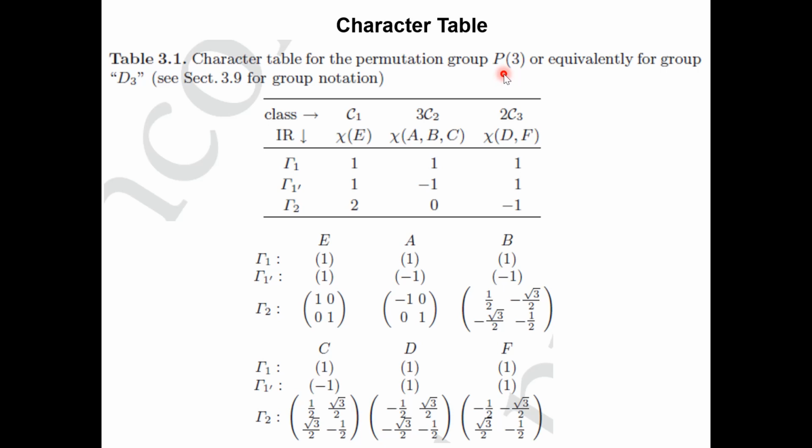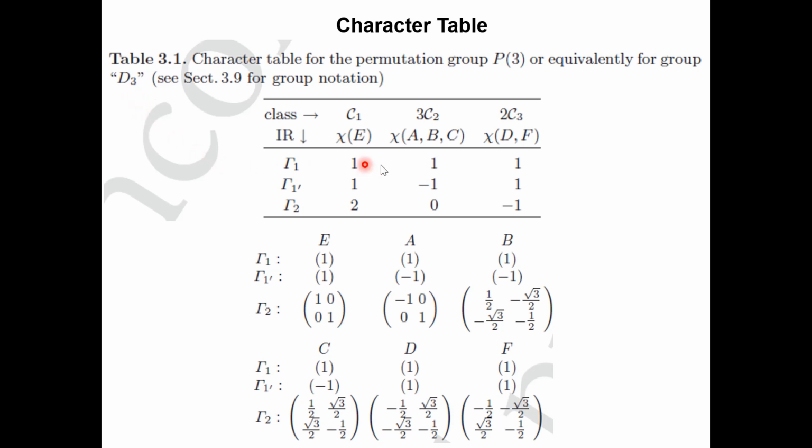We discussed that the group P3 is equivalent to the group of symmetry operations of an equilateral triangle. This is what we call the group D3, the point group D3. I'm going to introduce this notation in the next lecture, so just wait until then.